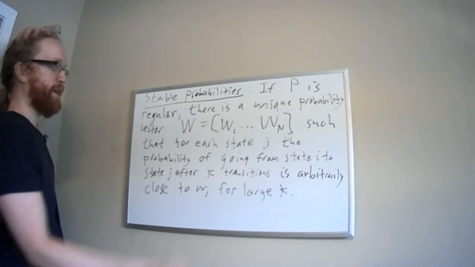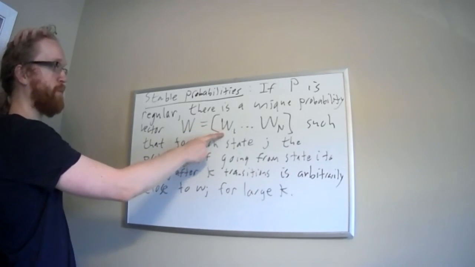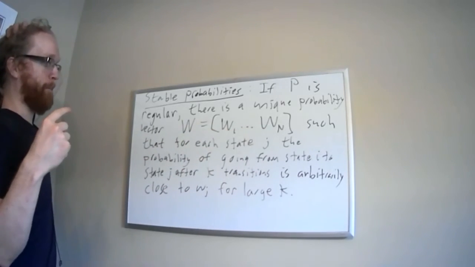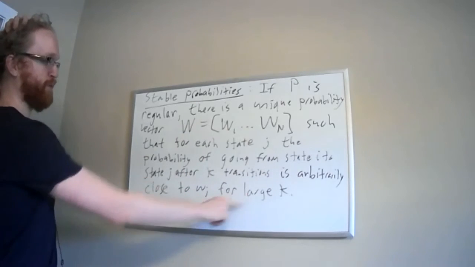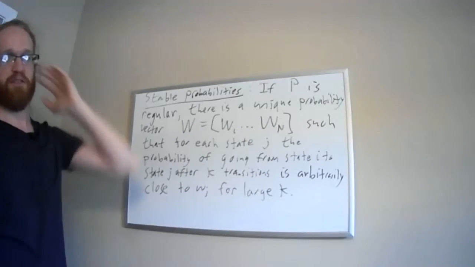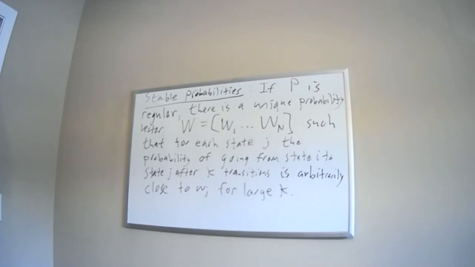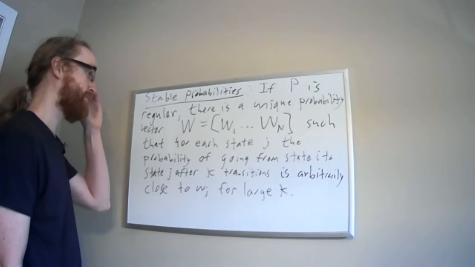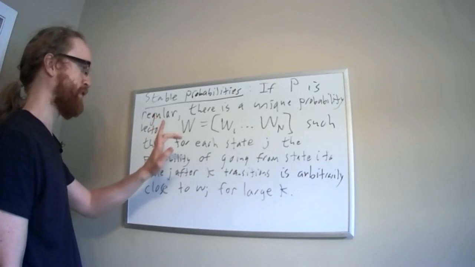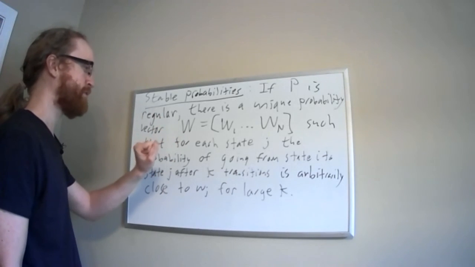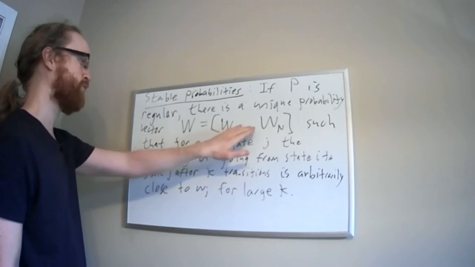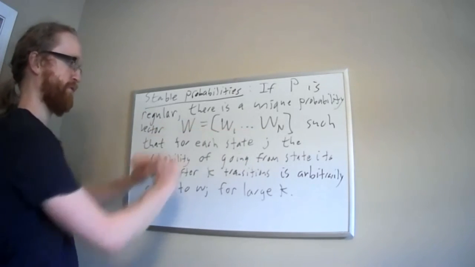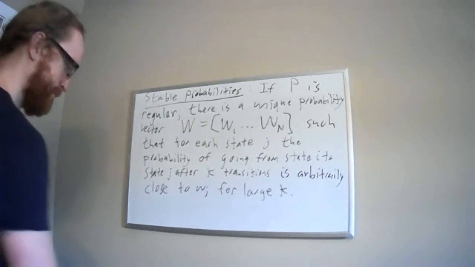So in a sense, this vector contains all of the probabilities of going from one state to another after a large number of steps, so after a very long time has passed, potentially. Over enough time, the probability of being in a given state is just tending to the numbers inside of this vector. Everything's moving towards this vector over a long time.